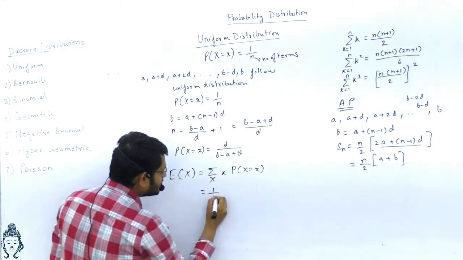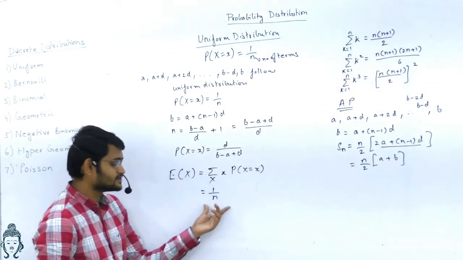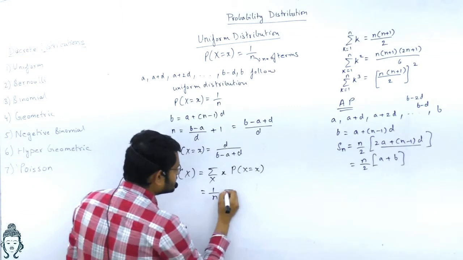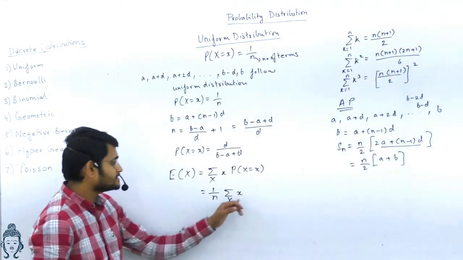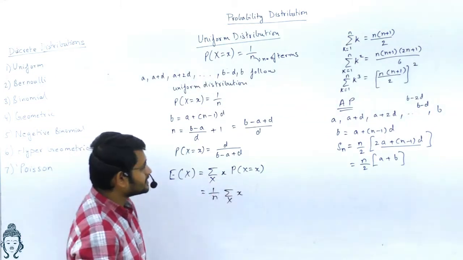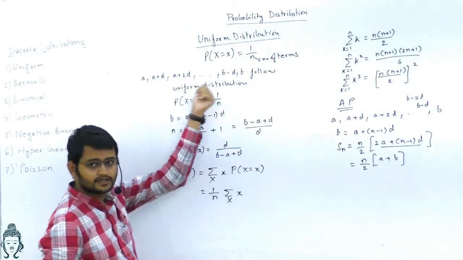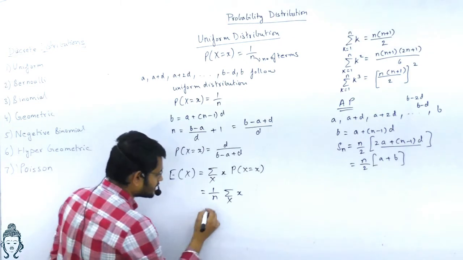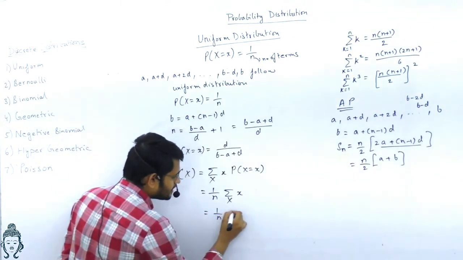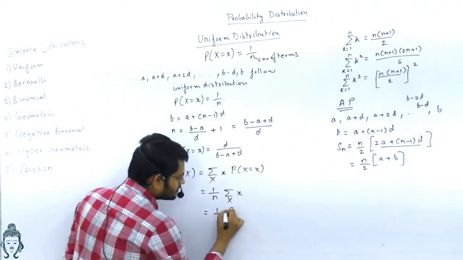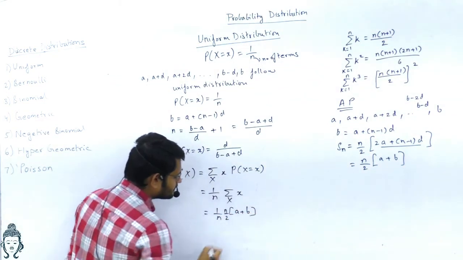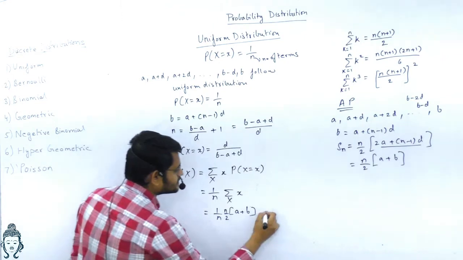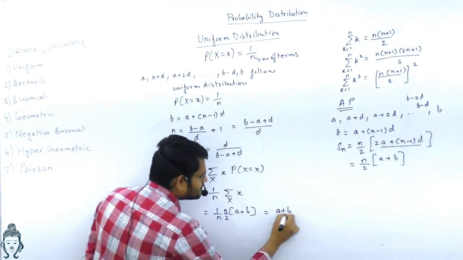I am going to keep it as 1 by n, and I get sum of x for all values of x. That is nothing but sum of an AP, because all values are in arithmetic progression. So I can write this as 1 by n into n by 2 into a plus b. So that is nothing but a plus b by 2.